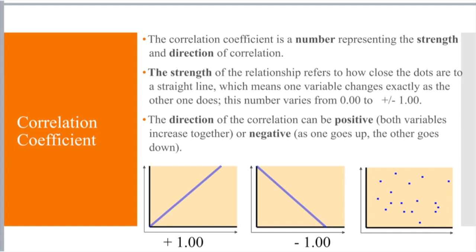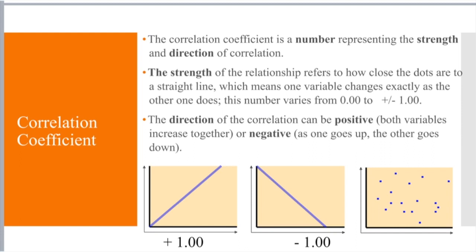The strength of a relationship refers to how close the dots are to a straight line, which means one variable changes exactly as the other one does. This number varies from 0 to positive or negative 1. Think about it like your slope, and how far away those dots are from this line of correlation.